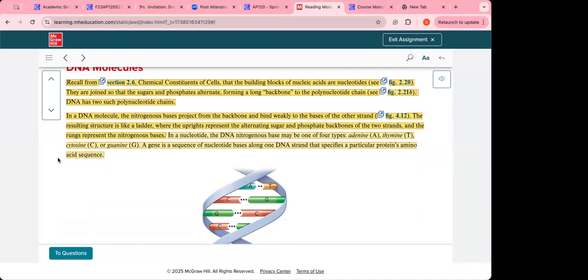I think they're looking for polynucleotide chain. DNA has two such polynucleotide chains.